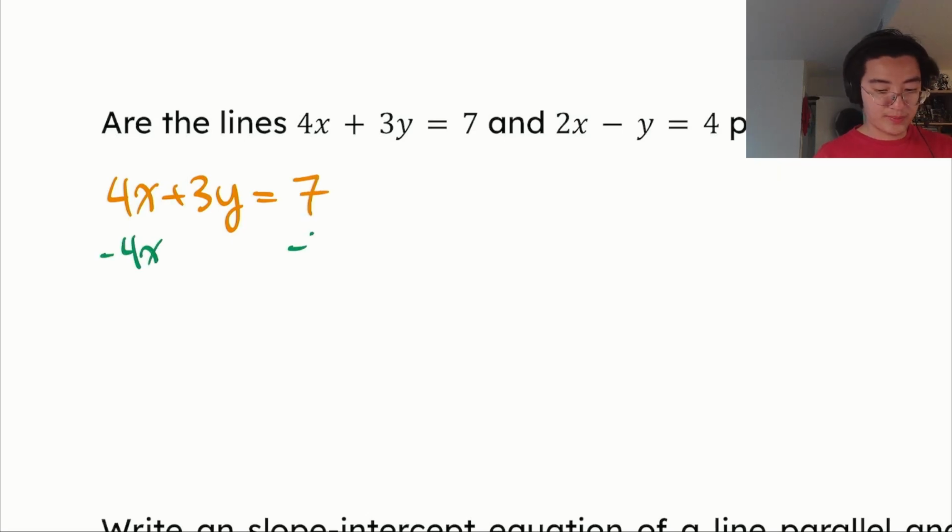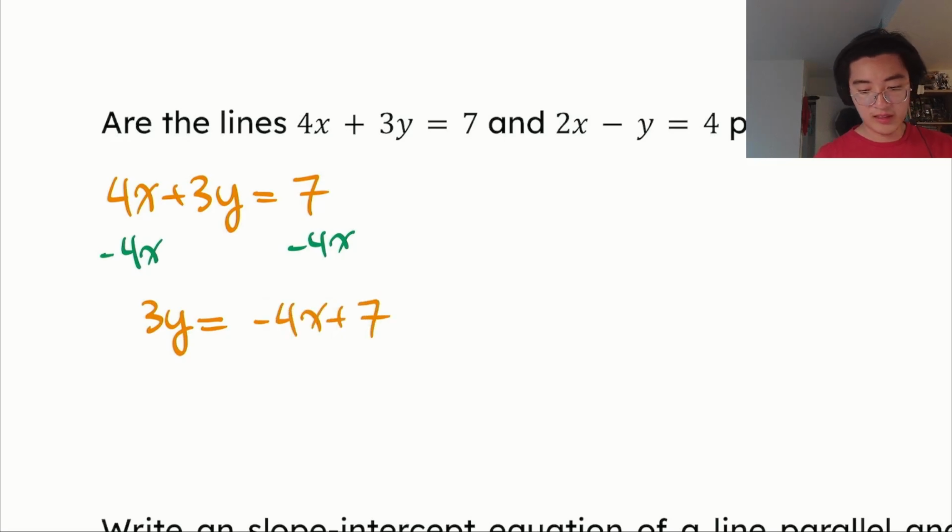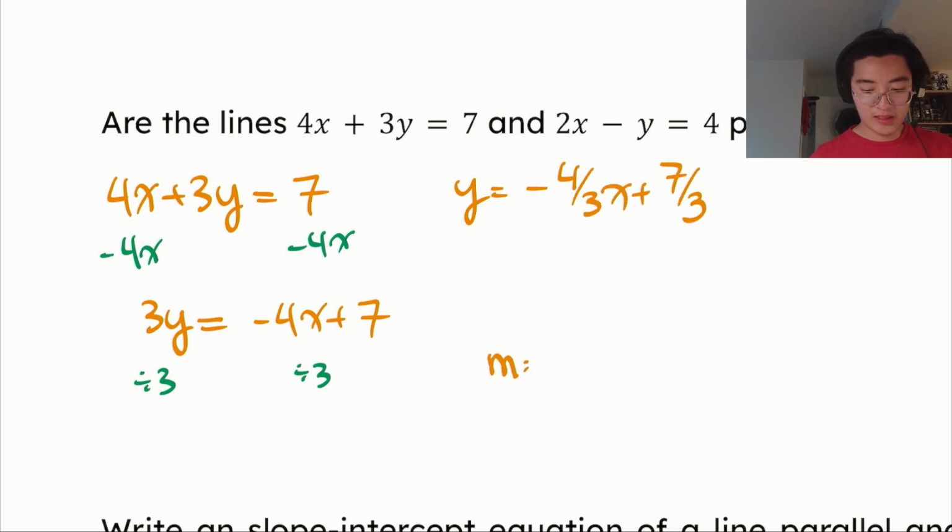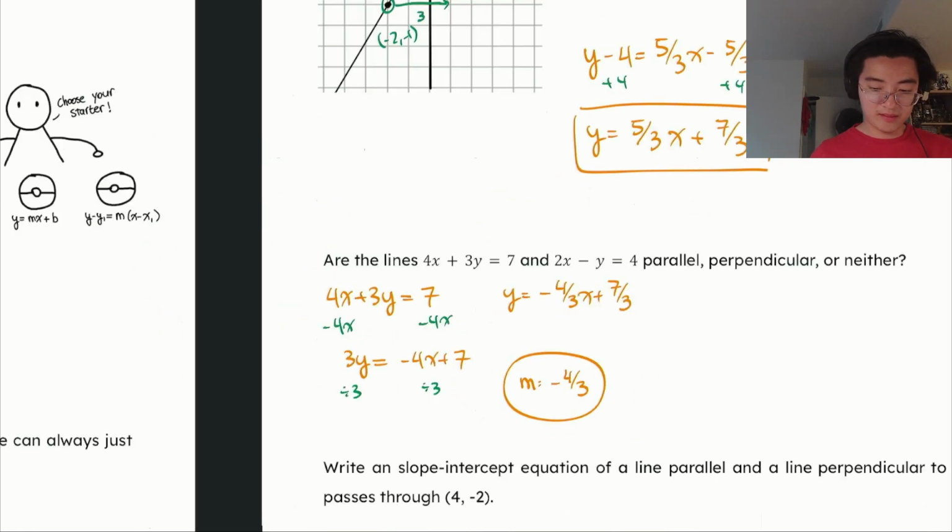So we want y to be on one side. Oh, actually, let's do x first. This is consistent. Divide both sides by 3. So the slope of the first equation is this.